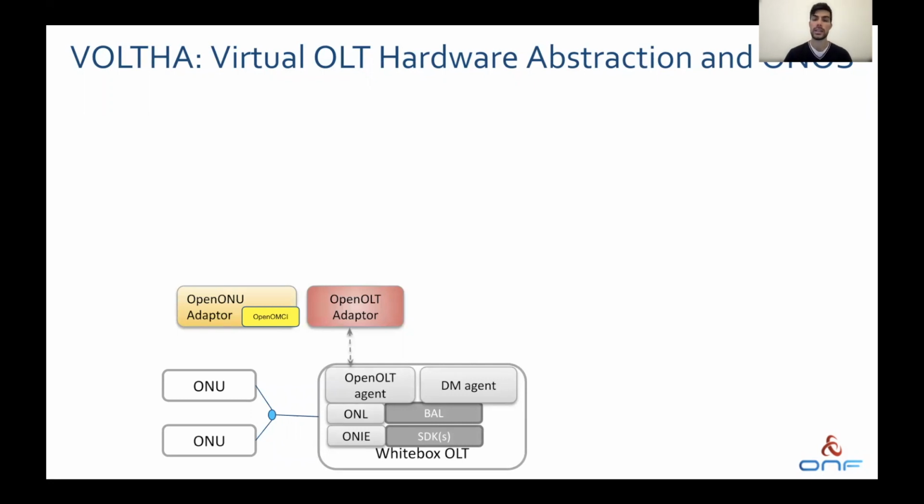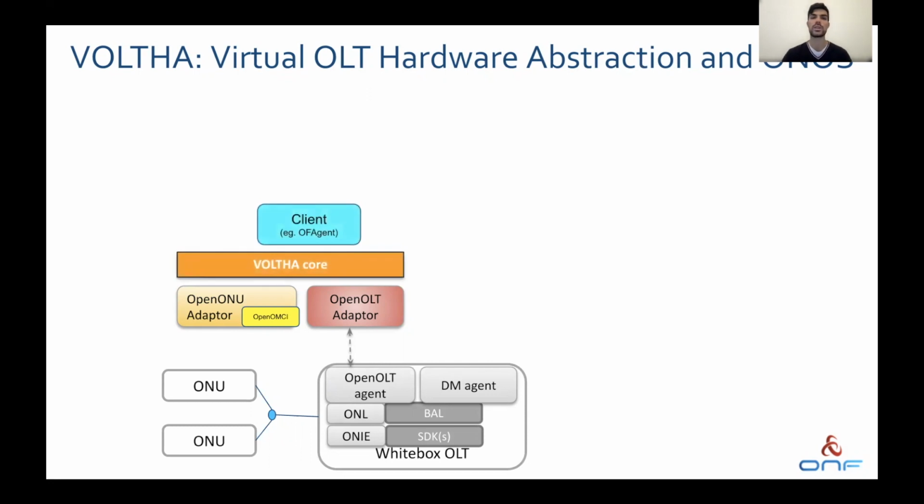This, in conjunction with the OpenONU adapter, forms the layer of southbound adaptation towards the hardware. They control the OLT, but also, via an OpenOMCI stack and library, all written in Go, as these two adapters are, the ONUs themselves, and propagate the EMIs necessary for the configuration of those ONUs.